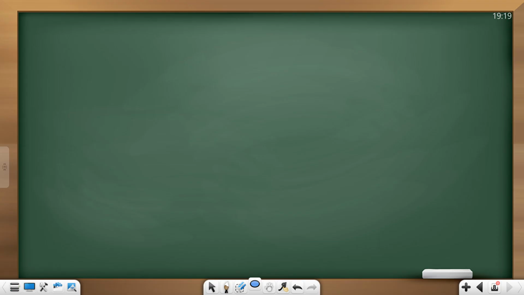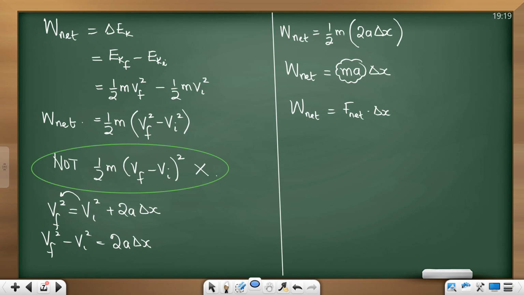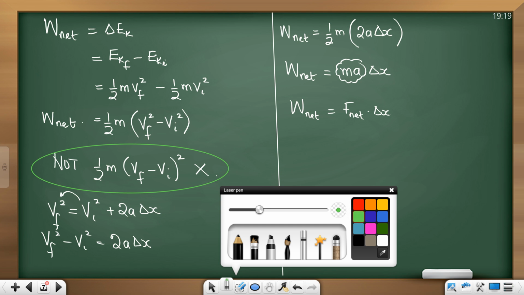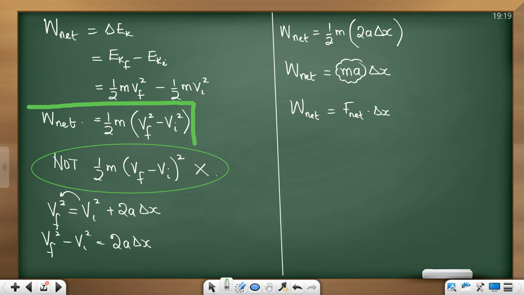But what happened in the paper was we were not given velocities. But I'll find it before probably we leave. We're not given velocities, but we're given acceleration and displacement. And the examiner was asking for work net. So Leonard came here and they got stuck. Why?